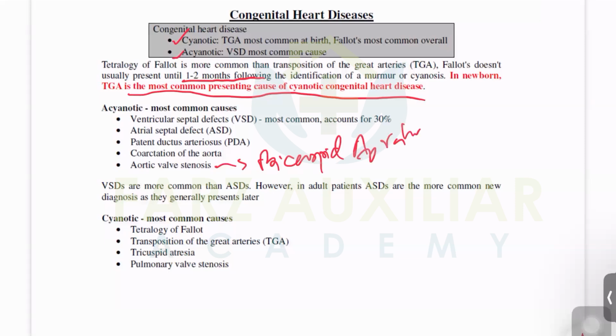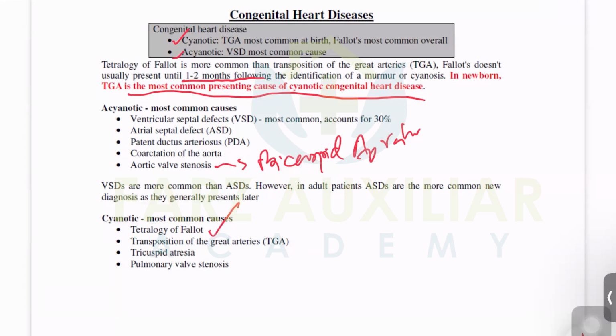VSDs are much more common than ASDs. However, in adult patients, ASDs are the more common new diagnosis because VSD will be known right from birth or maybe some time after birth. But ASDs are usually diagnosed incidentally in adults. When they go for a routine echocardiogram, they are found to have ASDs.